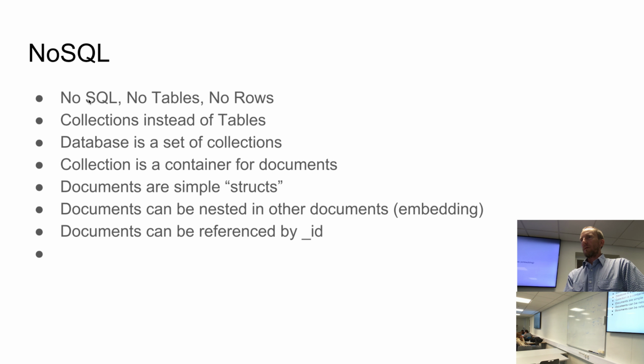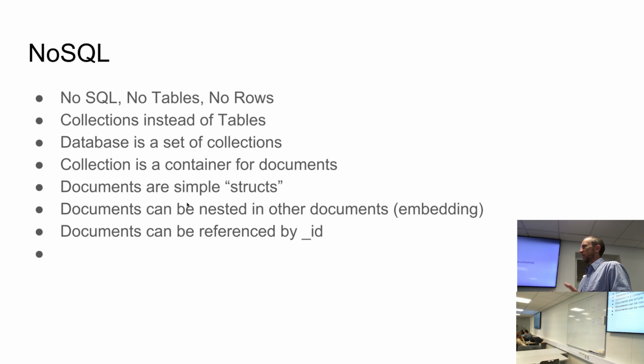We have NoSQL. We don't have the formal table-based query language. We have no tables and we have no rows. So we have collections instead of tables. A database is a set of collections. And a collection is a container for documents, so it's kind of like an array of all those documents that we have.